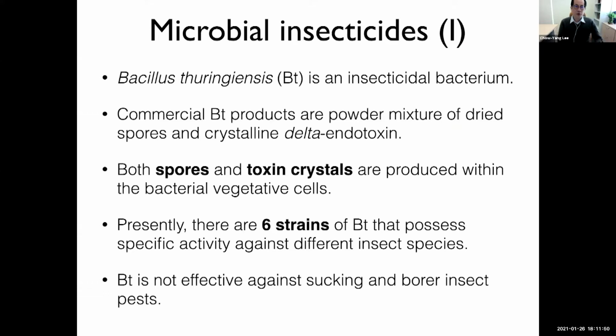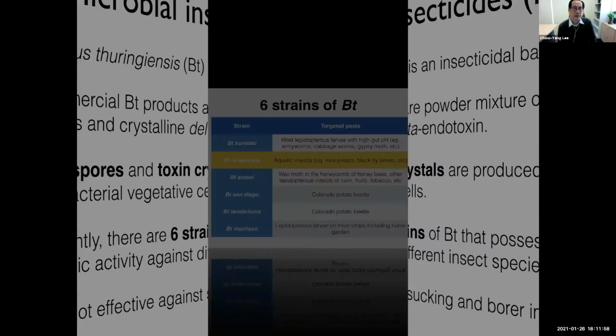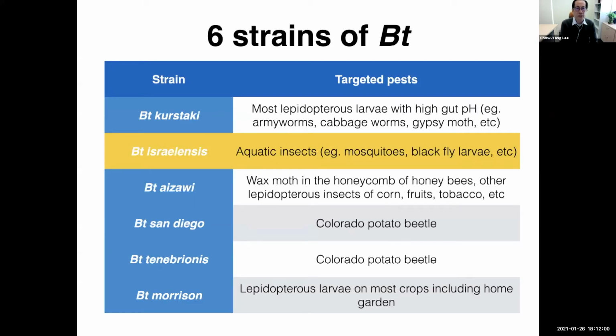Both the spore and the toxin crystal are produced within the vegetative cell of the bacteria. Of these different strains of BT, the one commonly used for mosquito and black fly control is BTI, Bacillus thuringiensis israelensis.